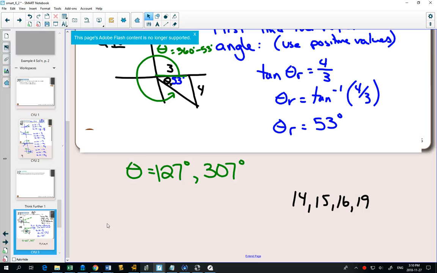And for question number 14, they want you to do it without a calculator, so you can use the chart on page 444 to figure it out. Or you can use your graphs for sine and cos to figure them out.